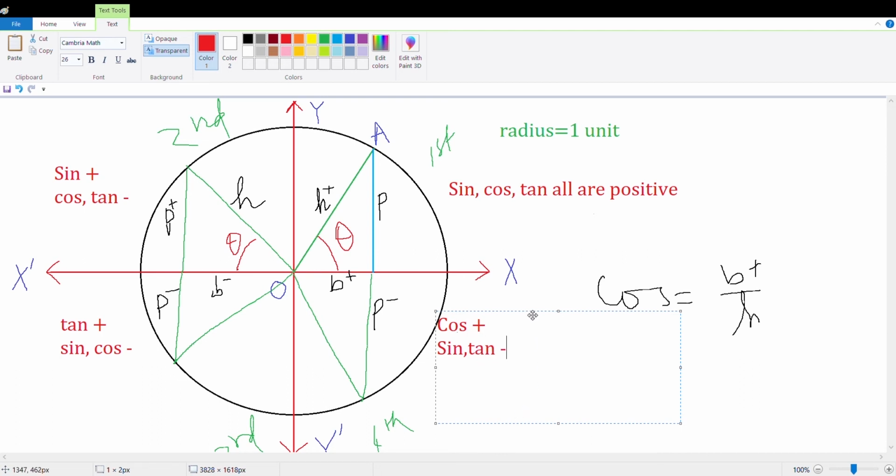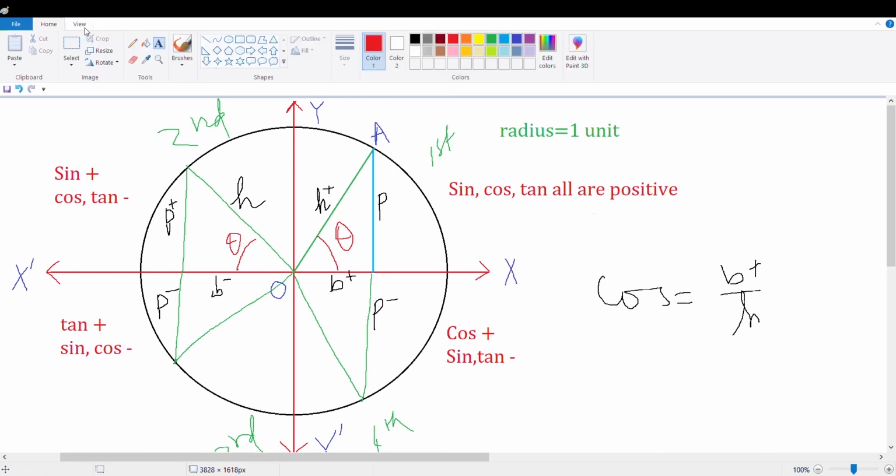One thing I hope you notice is that I'm only writing sine, cos, tan, right? You can ask, sir, why are you not writing cosec, sec and cot? Because they are all reciprocals, right? So if sine is positive in first quadrant, obviously cosec is also positive. Am I clear? Similarly, if sine is positive in second quadrant, that means cosec is also positive, and cos, tan negative means sec and cot also negative.